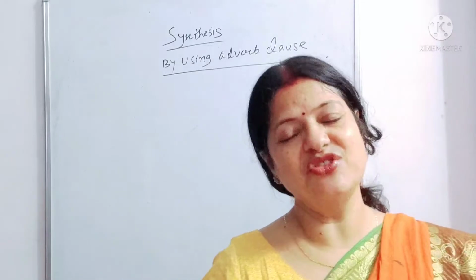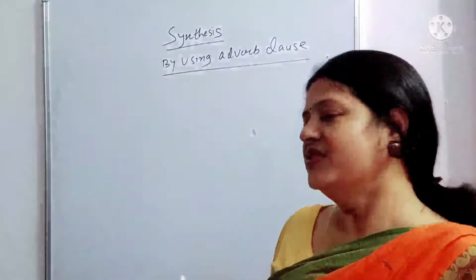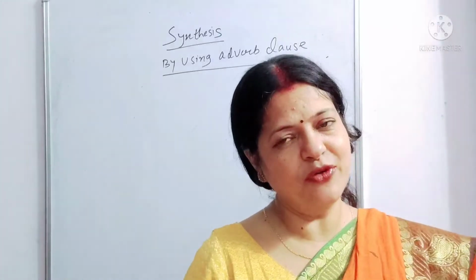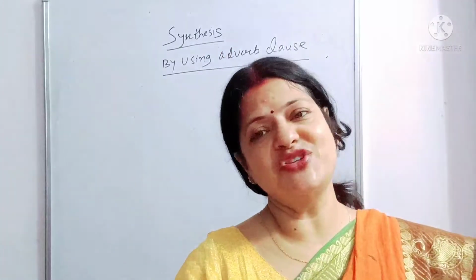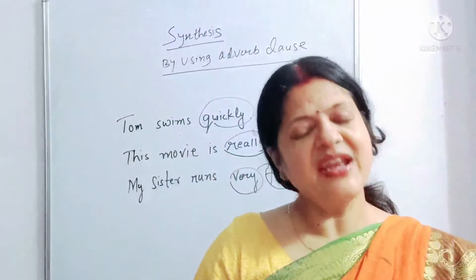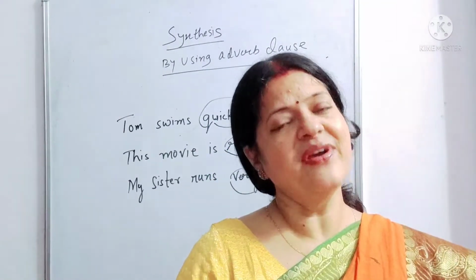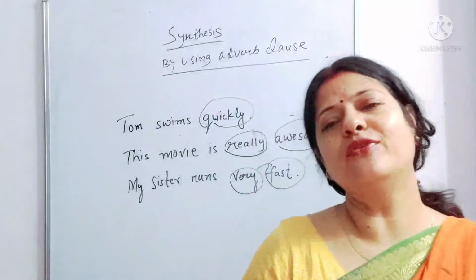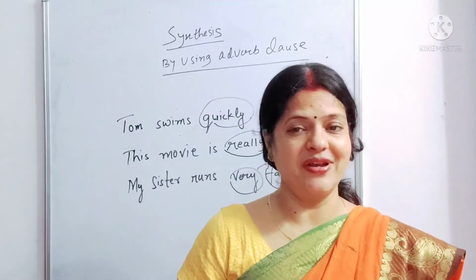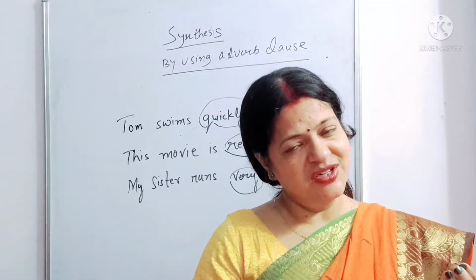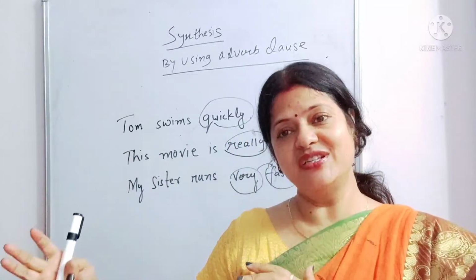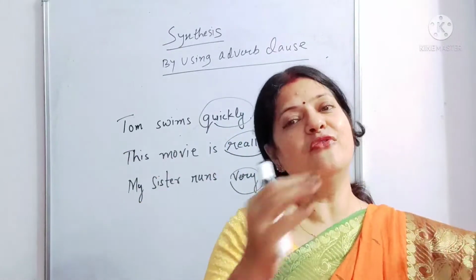So first we'll see the work of a simple adverb, and then we'll move towards the adverb clause, and then we'll do the rest of the things. An adverb clause also does the same work. It is a group of words which does the work of an adverb.